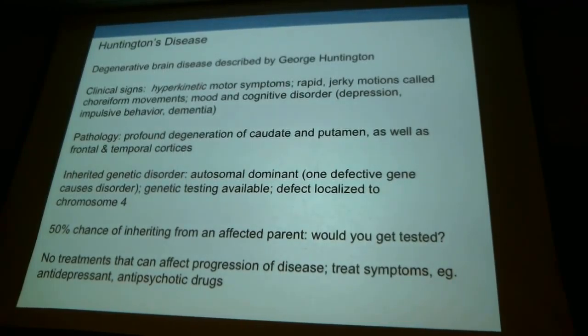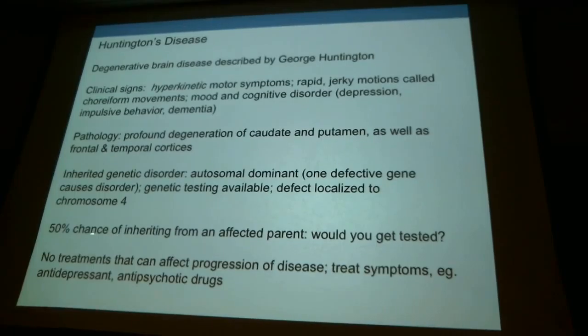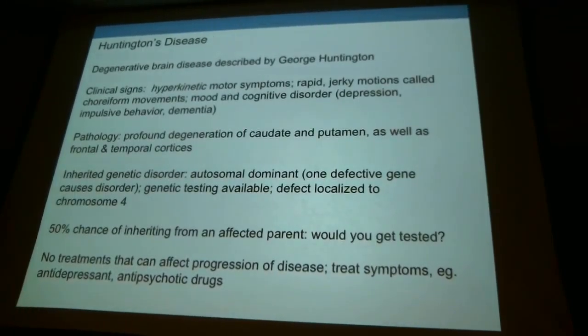If you have Huntington's in your family, do you get tested to see whether or not you have the gene? Because once you have the gene, you will get Huntington's. And lots of people say, I just don't want to know. Okay, so you can think for yourself whether this is something that you would want to know. If you have a 50-50 chance of inheriting from an affected parent, is that something you would want to know?